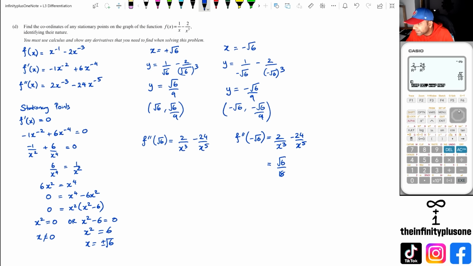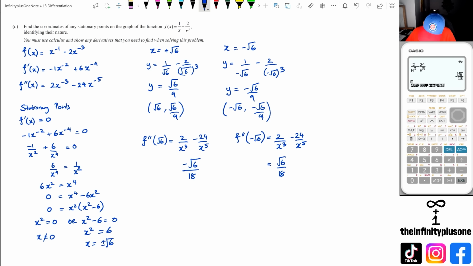But if I go back and change alpha A, let's get rid of that minus, put that equals. Now what you'll notice is this has automatically changed. And I think that's the cool thing about this, that I can change the variables live. So here, for square root of 6 now, I'm getting negative square root of 6 over 18.